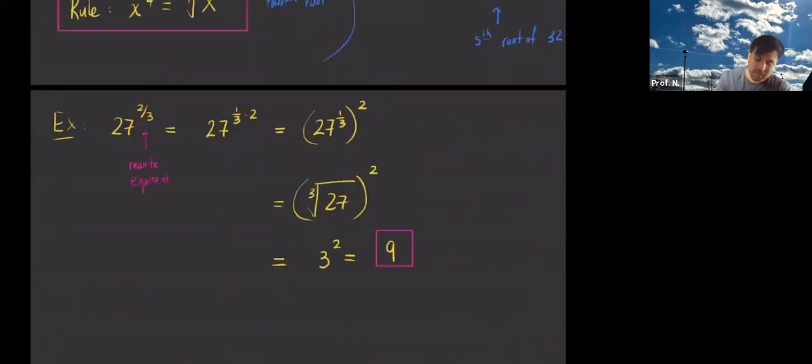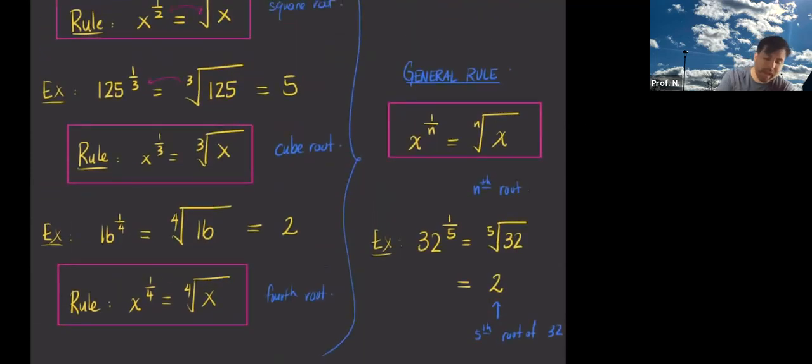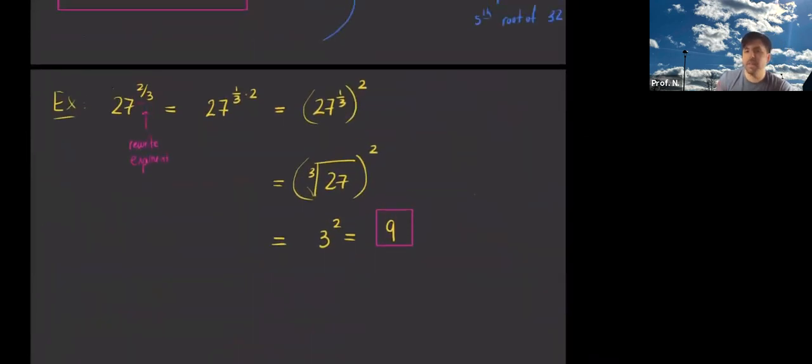This represents the index of the radical. It tells me what kind of radical it is. So the denominator tells me the kind of radical. If it's a 3, then it's a cube root. If it's a 4, it's a fourth root. 5, it's a fifth root. If it's a 2, it's a square root. So that number in the denominator tells me the type of radical that I'm dealing with.